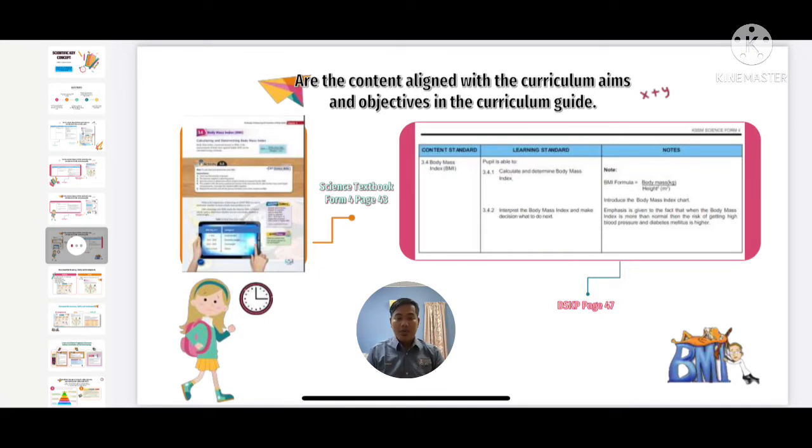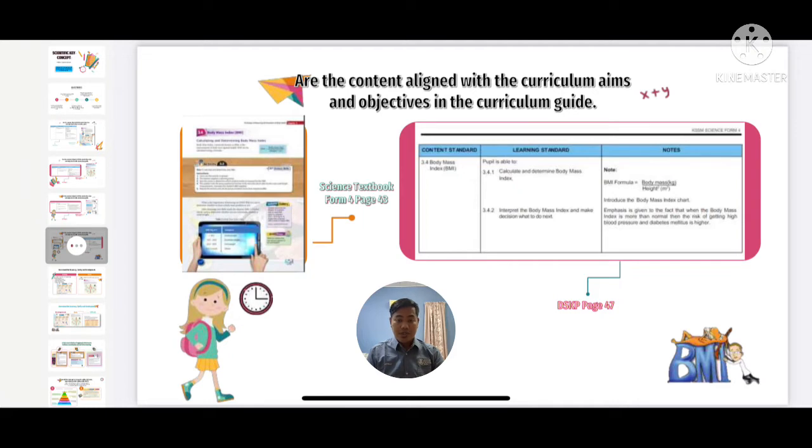As a simple conclusion, the content from 3.1 until 3.4 in the textbook is aligned with the standard curriculum aims and objective of the DSKP that have been set by the Ministry of Education.